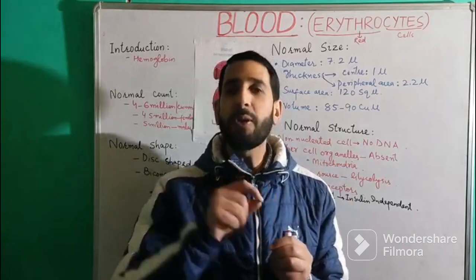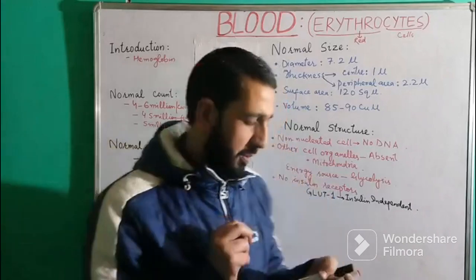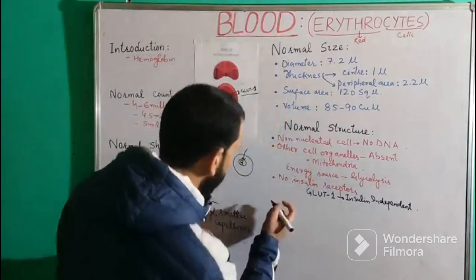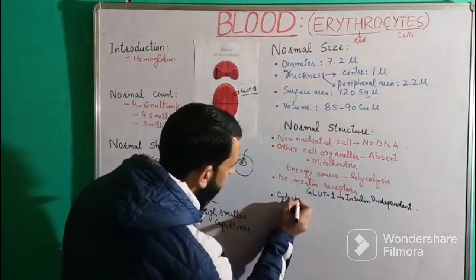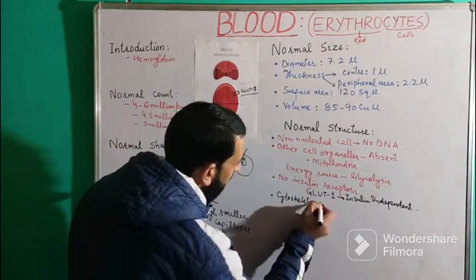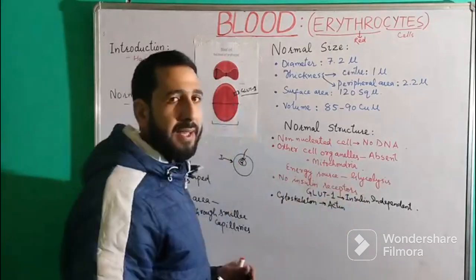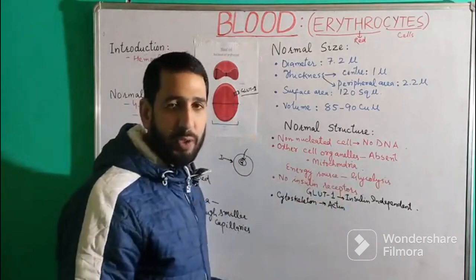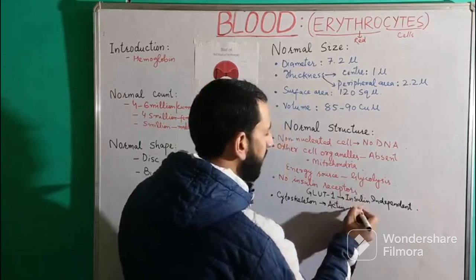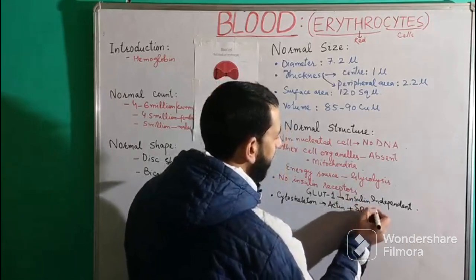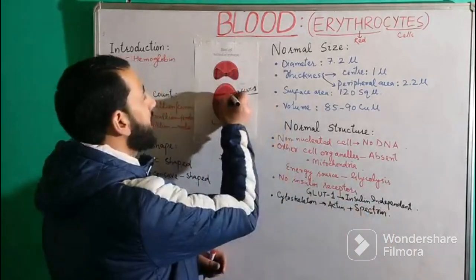In the cytoskeleton of RBCs there are two important proteins: actin and spectrin. Actin we usually see in the cytoskeleton of different cells, and in the RBCs we have a special protein there which is called spectrin. And here is the spectrin protein.